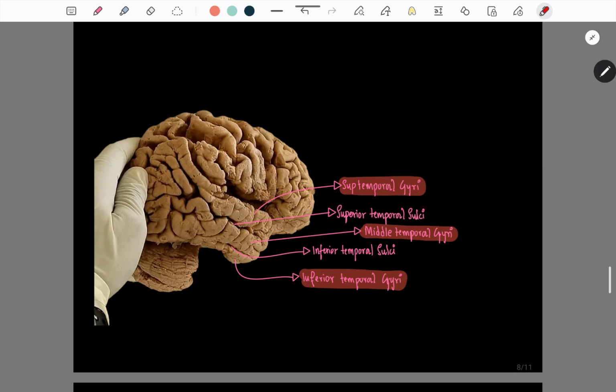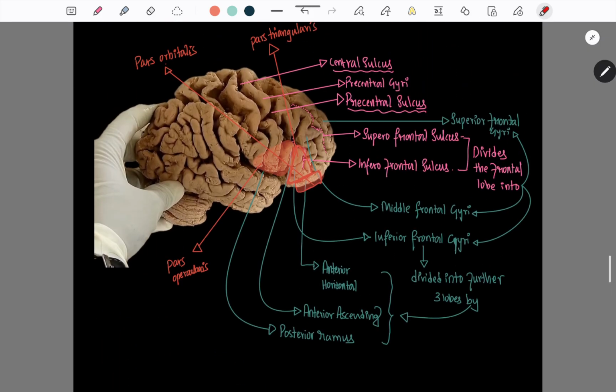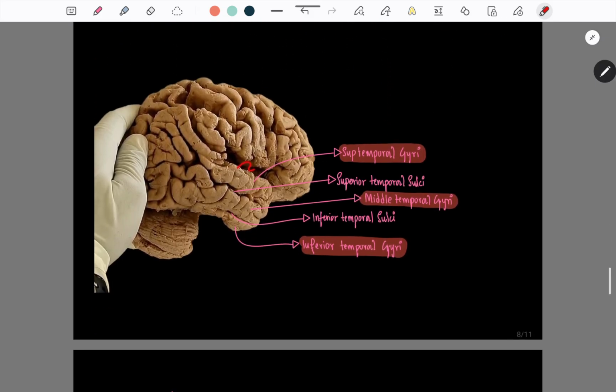Again coming to the supralateral surface, this was the frontal part. Here is the temporal part. This sulcus is called the superior temporal sulcus.